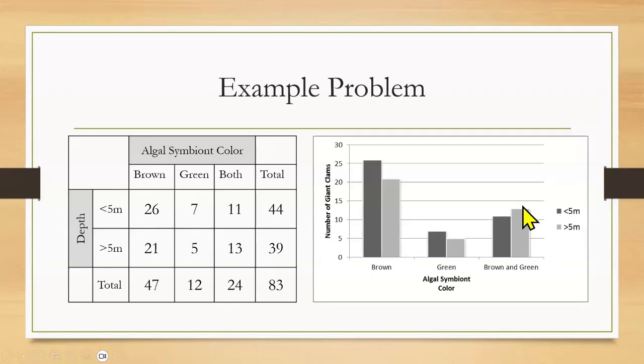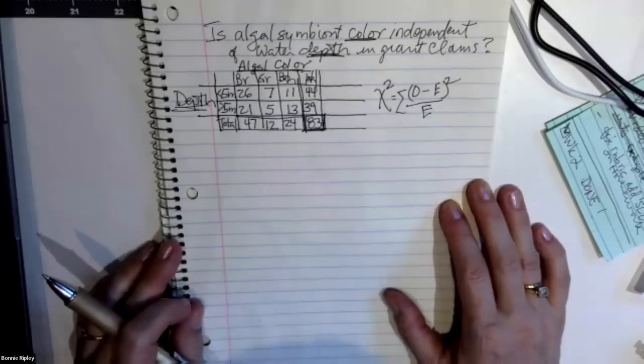We have a little more brown and green together at the deeper depths. Are these differences between these 2 rows of data in our table enough that we're going to say there's a significant difference? So let's work this out and see what the answer to that question is.